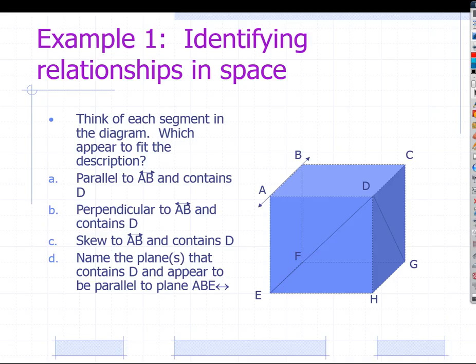How about a line that is perpendicular to AB that also contains point D? What do you think? Cassie? A line that's perpendicular to AB and contains point D. What do you think? Suggestion? Matthew, you have an idea?